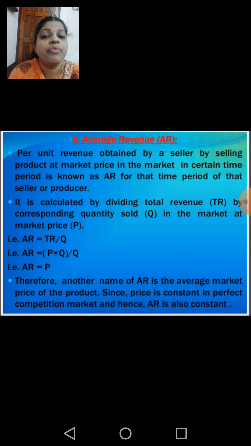In perfectly competitive market, average revenue is exactly equal to its price. And hence average revenue is also constant. Why? Because I told you in this perfectly competitive market, what? Yes, the price is constant. So here average revenue is equal to P means average revenue is also constant.